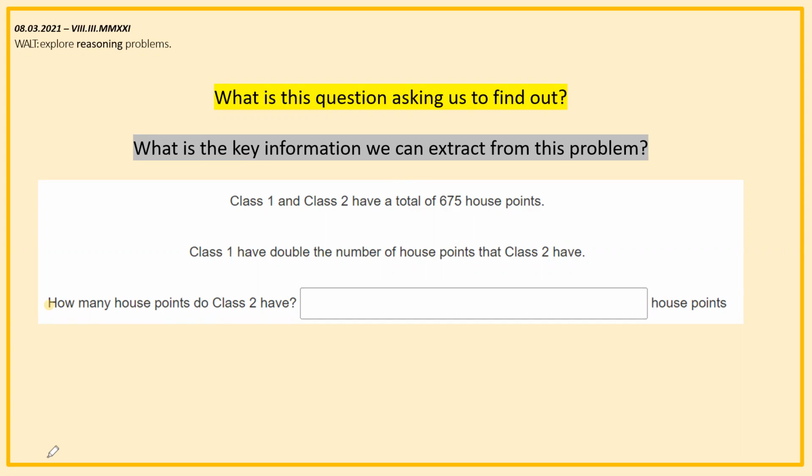So it's asking us how many house points do class 2 have? So class 2 is who we are focusing on. Now, when it comes to the key information we can extract, we've got a total of 675 house points and that class 1 has double class 2.